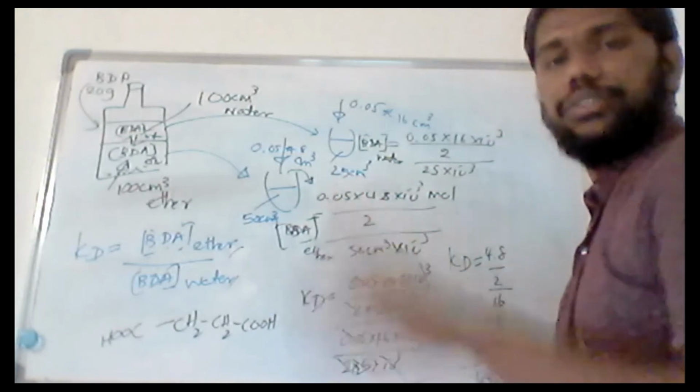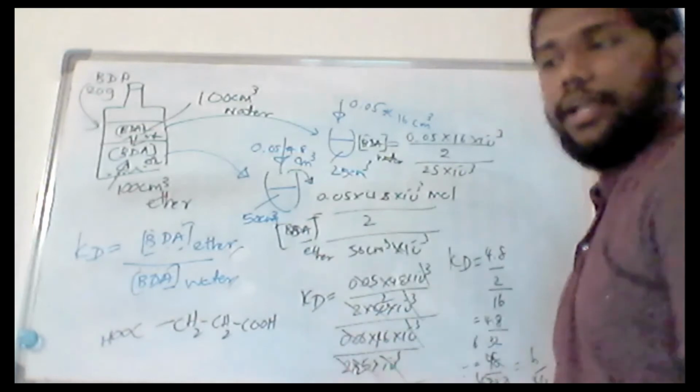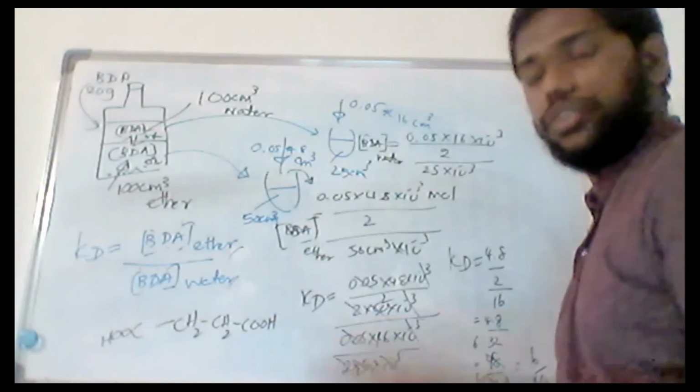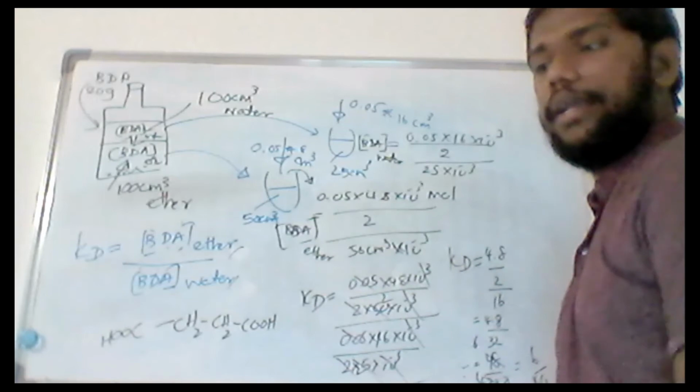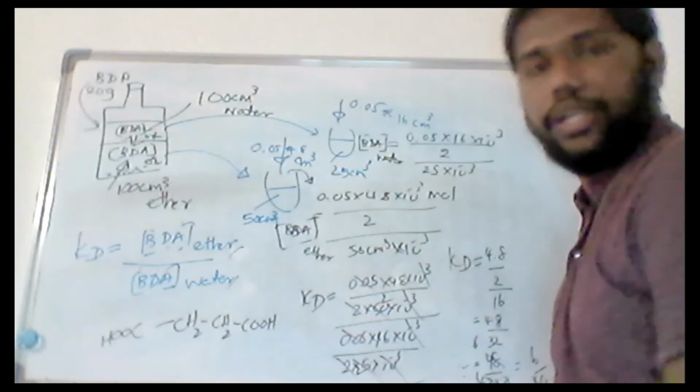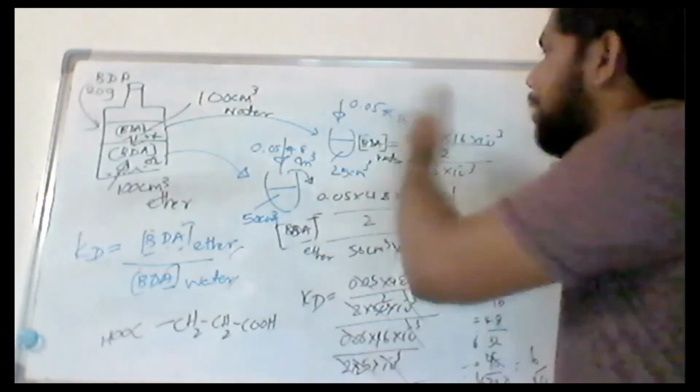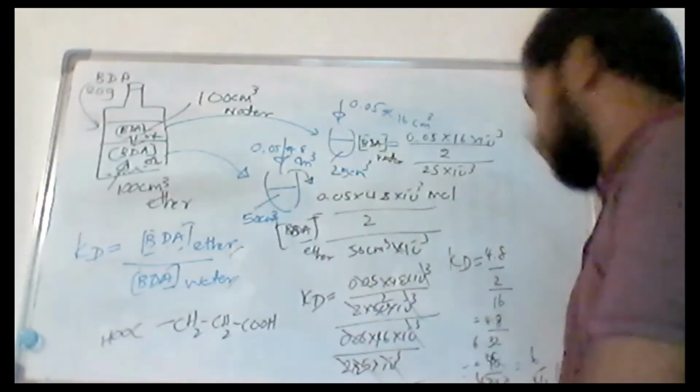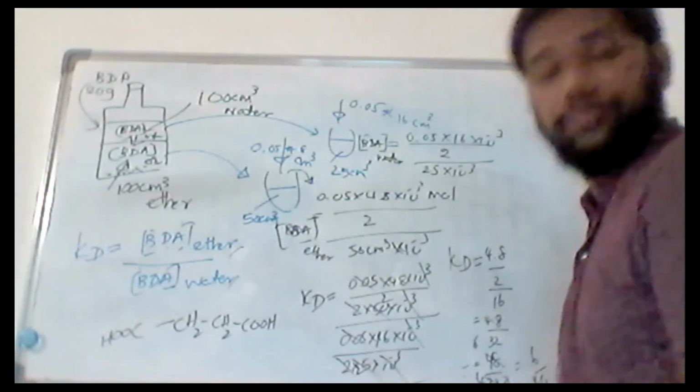So this question is not hard. The thing that you need to identify here is first the stoichiometry and then the calculation related to that. Then you can automatically find the ratio and get a value for this one. Okay.